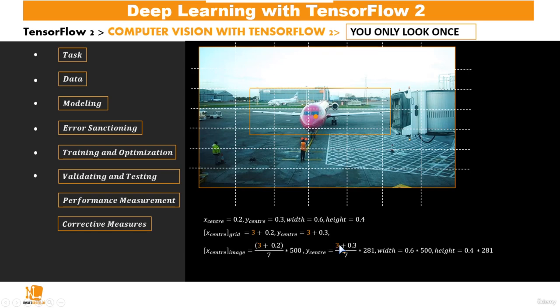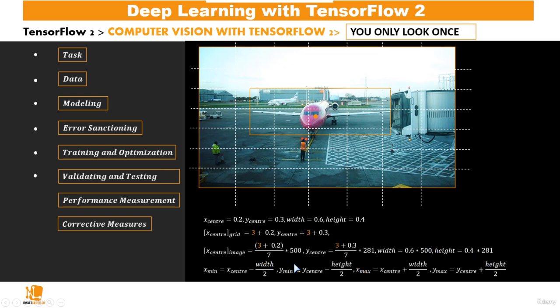Then we have 3 plus 0.3, 3.3, divided by 7 times 281, considering that the height is 281. Now for the width, we have 0.6 times 500, because to obtain the width we had divided the value we had by 500. So now to get it back, we need to multiply by 500. The height, same, multiply by 281.